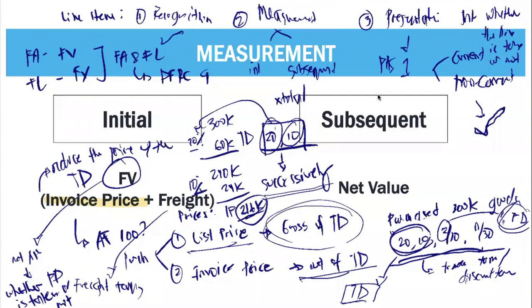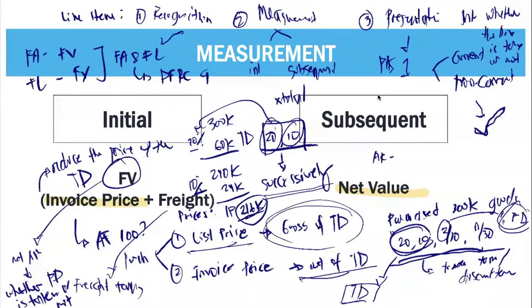Next, subsequent measurement. How do we subsequently measure your accounts payable? We subsequently measure it at net value. Actually, if you still remember your AR, you deduct all those items, such as your allowance for freight discount, your allowance for bad debts, your allowance for sales discounts, etc. So you measure it at net realizable value.